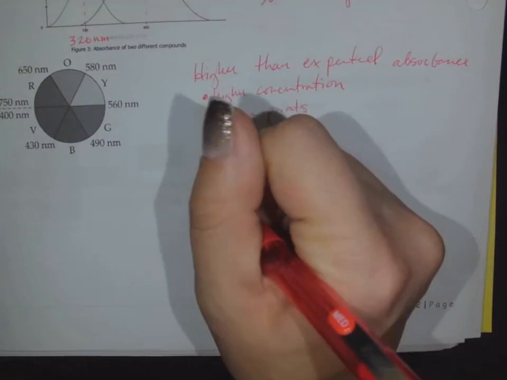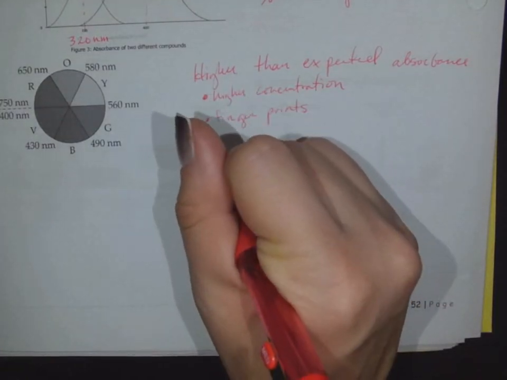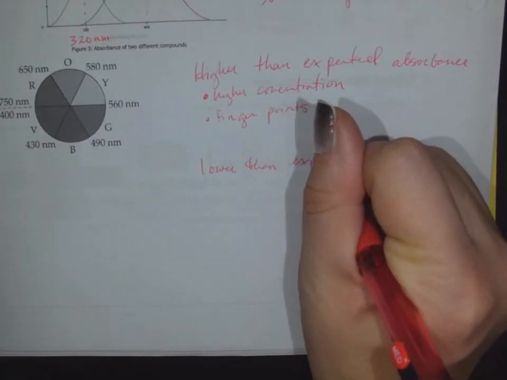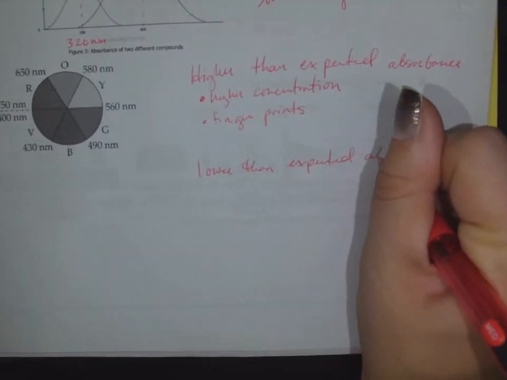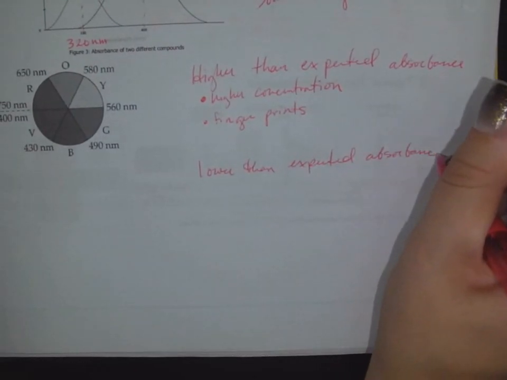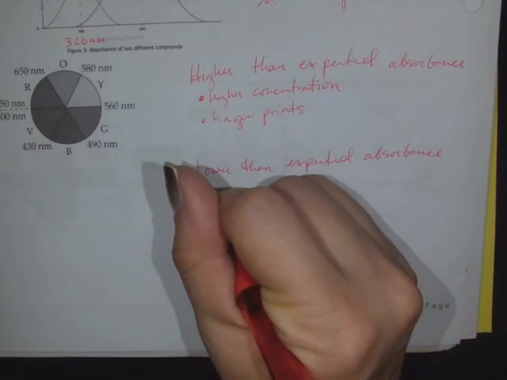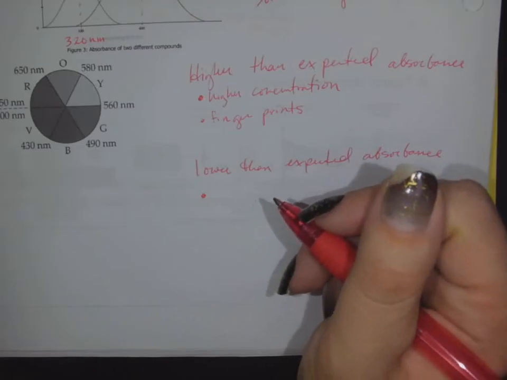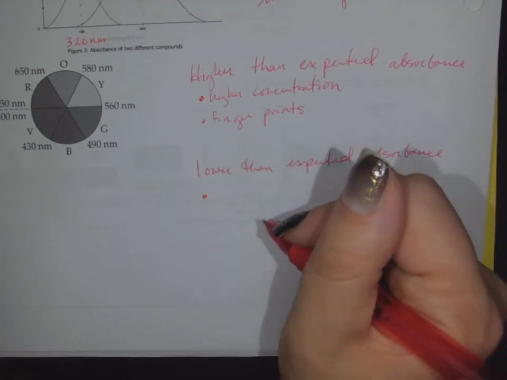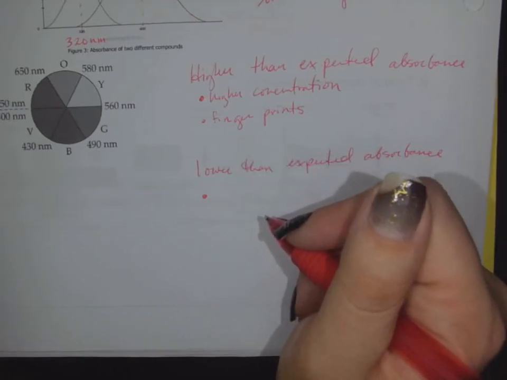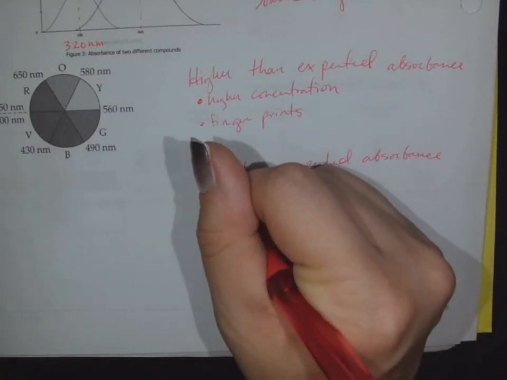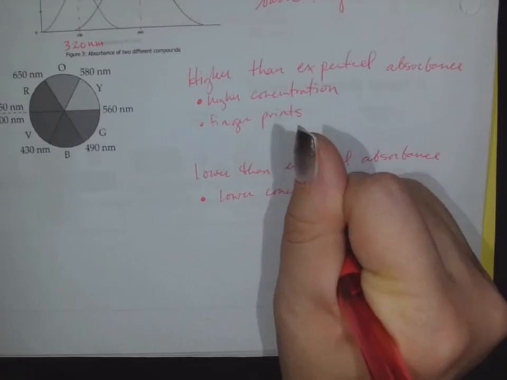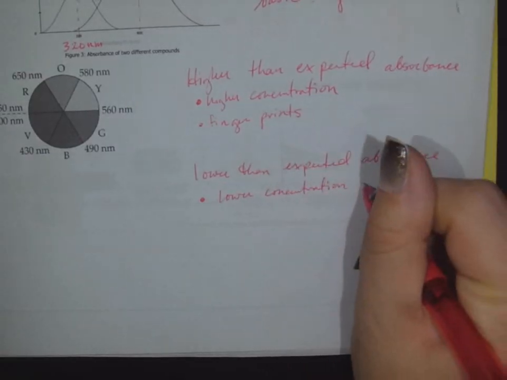Now let's talk about lower than expected absorbance. I'm trying to think of where this doesn't correlate, and I can't come up with one right now. It's because it has lower concentration than expected.